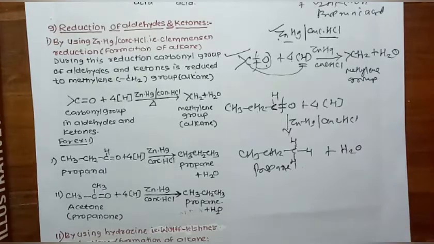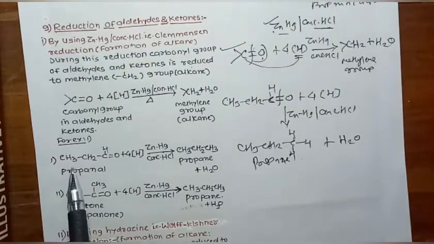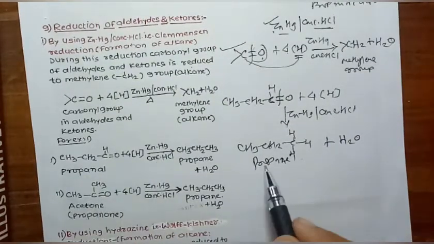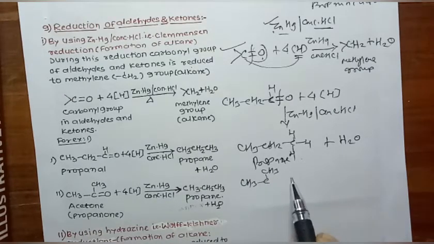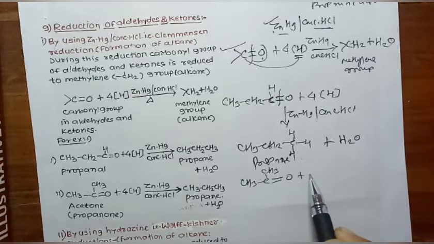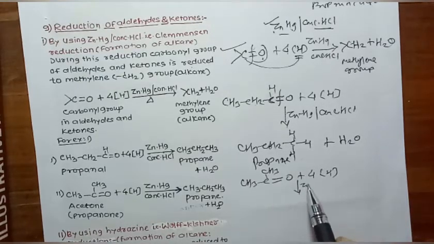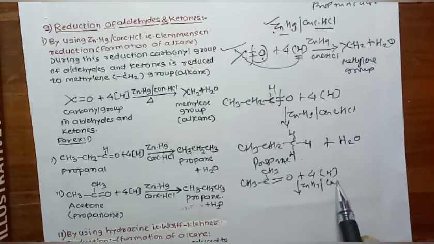Similarly, here is another example. If acetone is taken, it gives CH3 CH3 C double bond O plus 4H in the presence of Zn Hg and concentrated HCl.